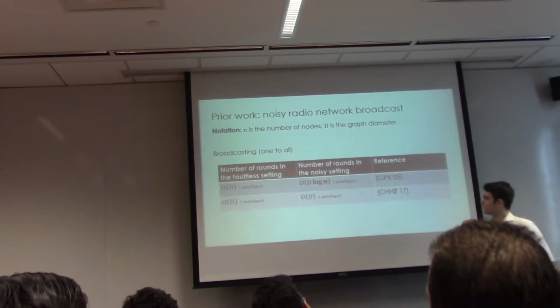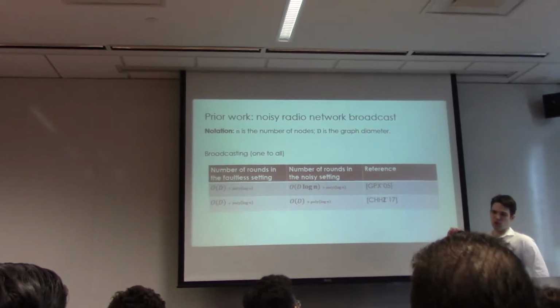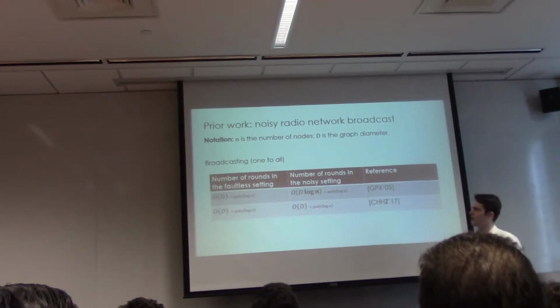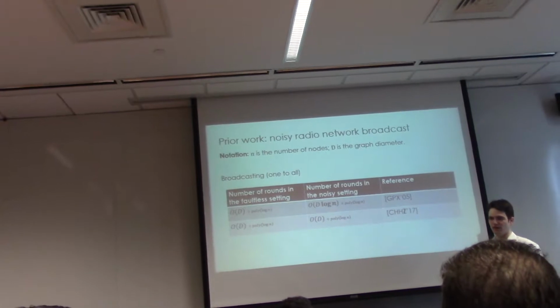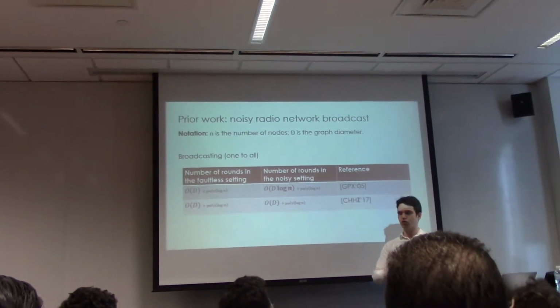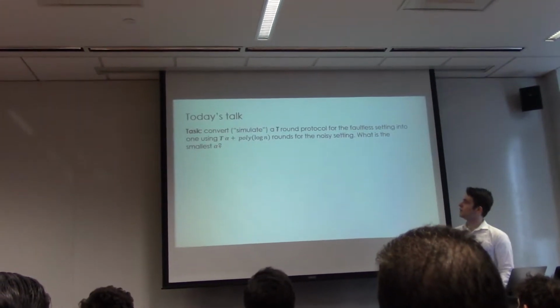Fine. So today, most of the talk, now that we've introduced all the preliminaries we need, will be focused not on broadcasting, but on arbitrary protocols. So how do you convert an arbitrary protocol to the noisy radio network model? Here it is.